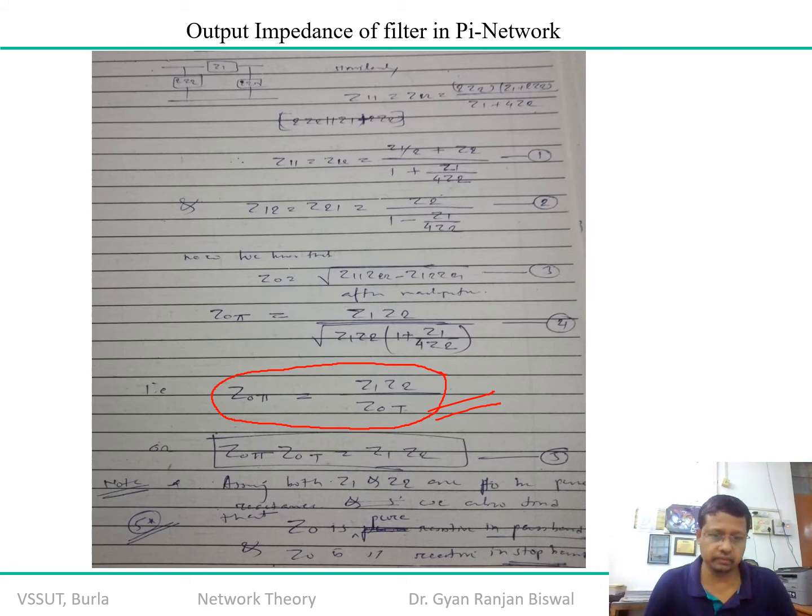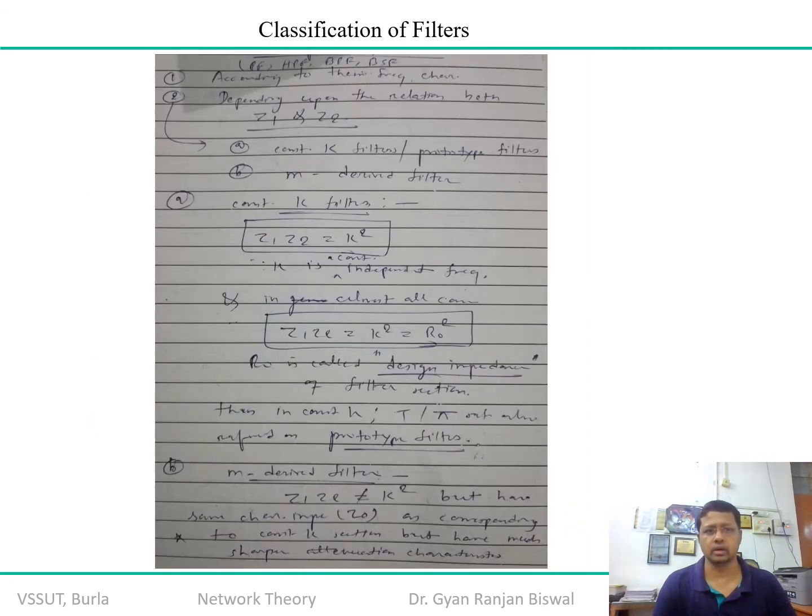Whenever Z naught is a reactive component, it is talking about the stop band: no signals will be allowed to pass. And whenever Z naught is pure resistive, it is indicating the pass band, that is, the signals which are allowed to pass. Extremely important. I would insist that you always remember this final conclusion, or let us go ahead.